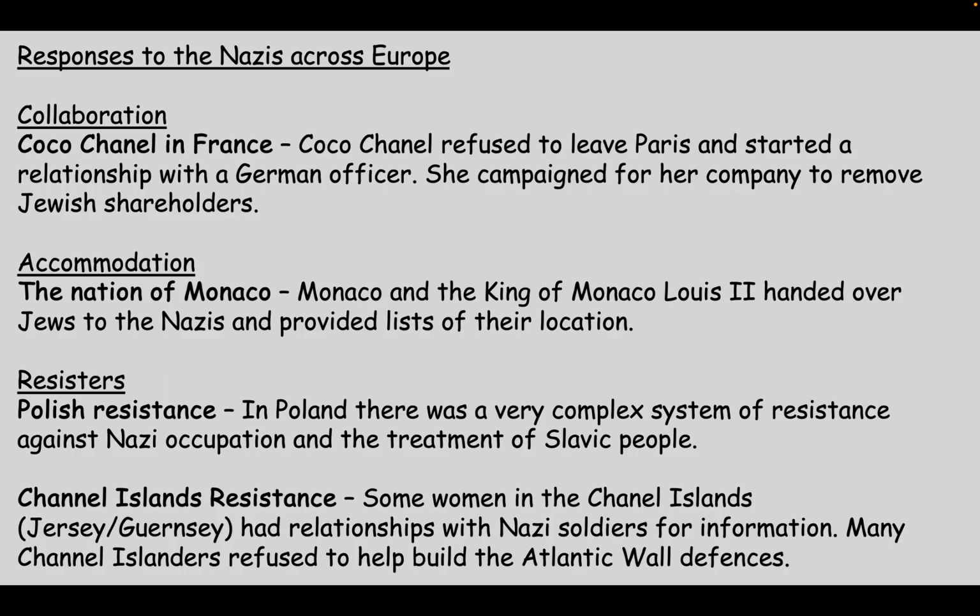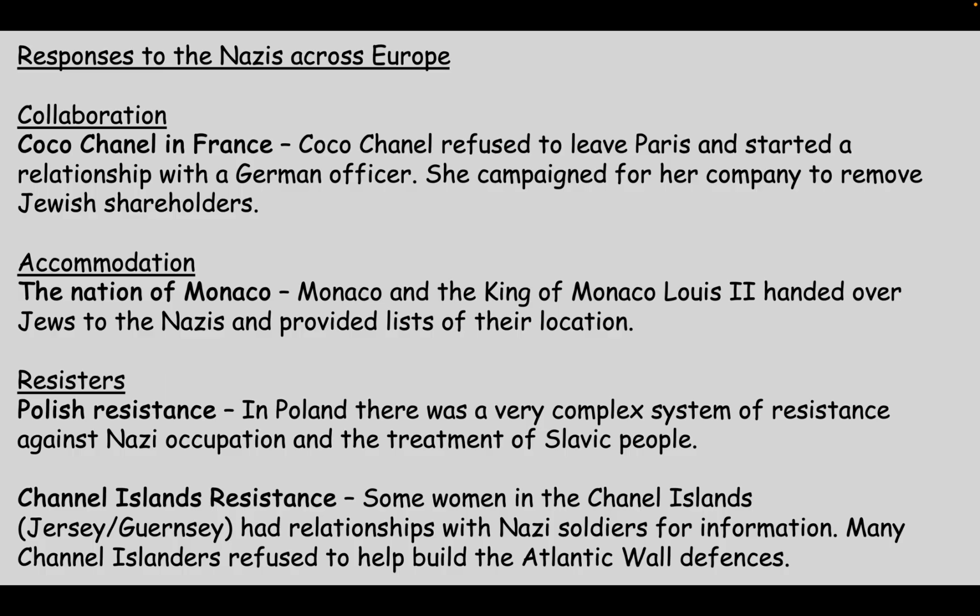Equally in the Channel Islands, so the islands just off France, between Britain and France, like Jersey and Guernsey, some women in the Channel Islands had relationships with Nazi soldiers, but they didn't have relationships because they genuinely wanted to, like Coco Chanel. They had relationships for information.